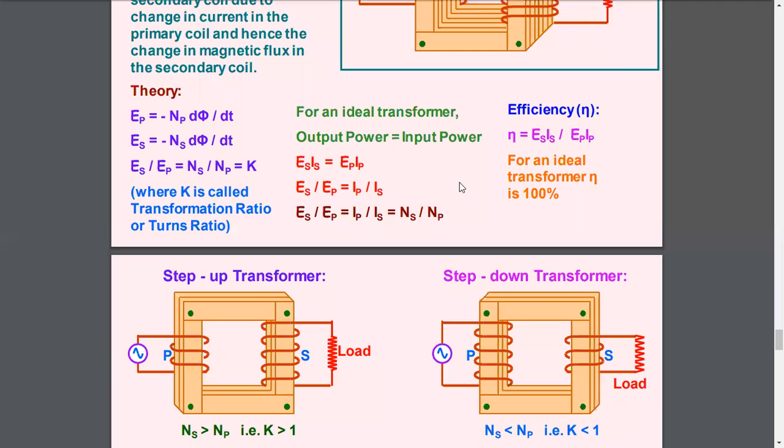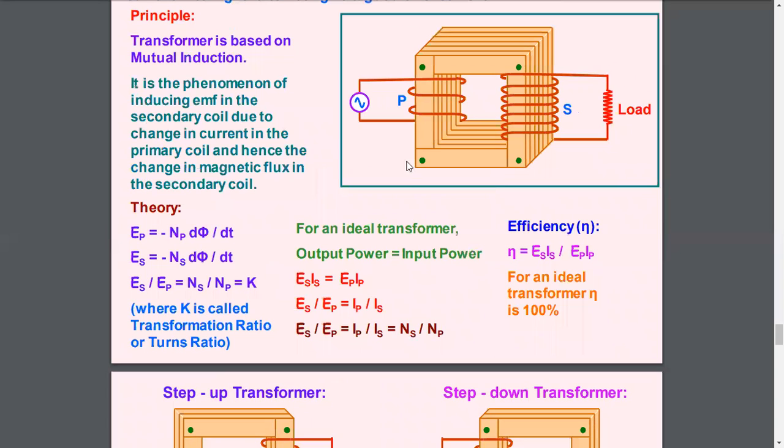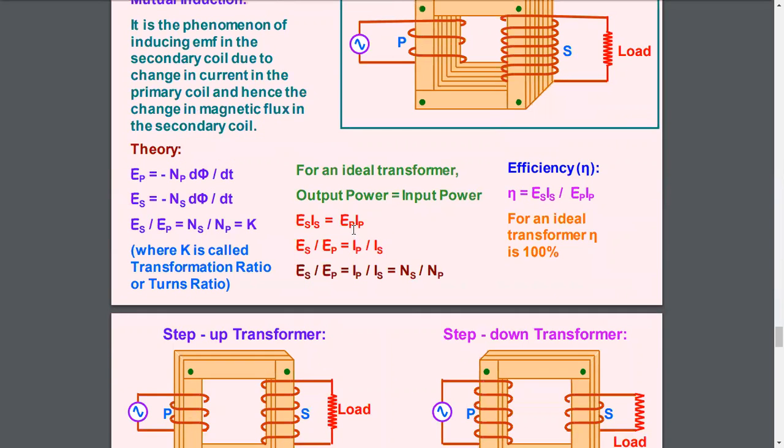If it converts the maximum as output, then it is said to have higher efficiency. So we know that the power given as input to the primary coil is just equal to the EMF induced in the primary coil times the current flowing through the primary coil, and the product of EMF and current is just equal to power.